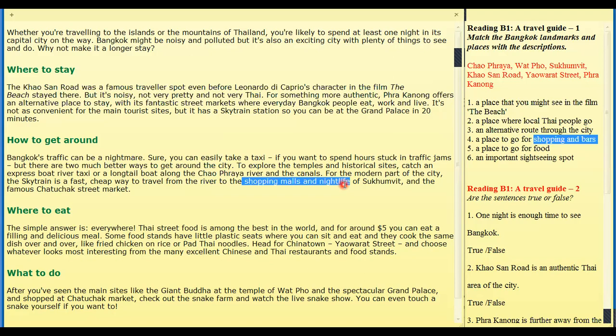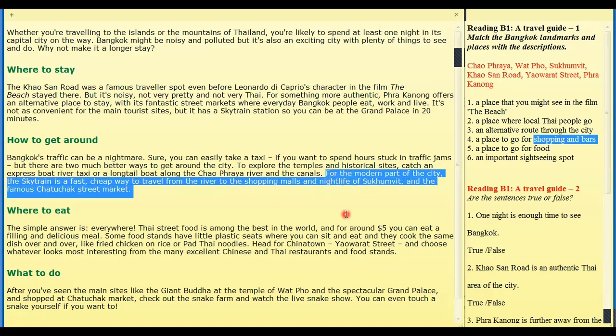So now you find the keywords. So read that sentence. They said for modern part of the city, the SkyTrain is a fast, cheap way to travel from river to shopping malls and nightlife or Sukhumvit.